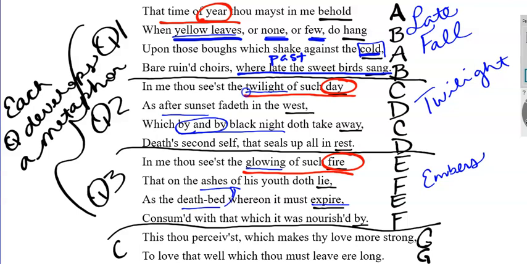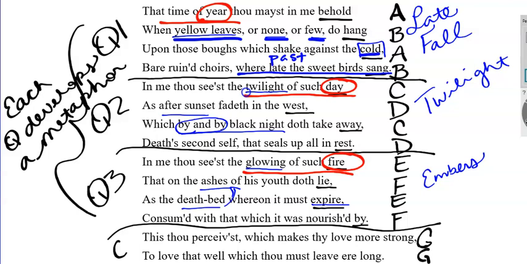Let's think in terms of seasons, and say the seasons are going to be compared to a person's life. Which one's going to represent birth, youth, old age, and death? All right, so let's think about that.